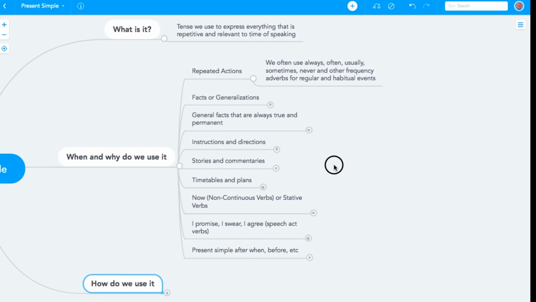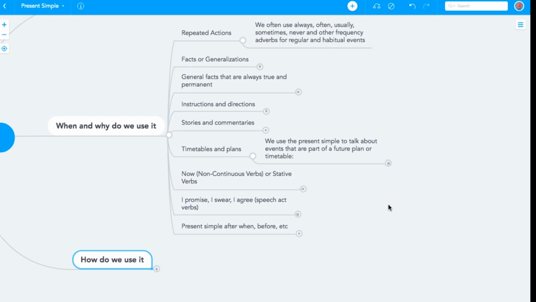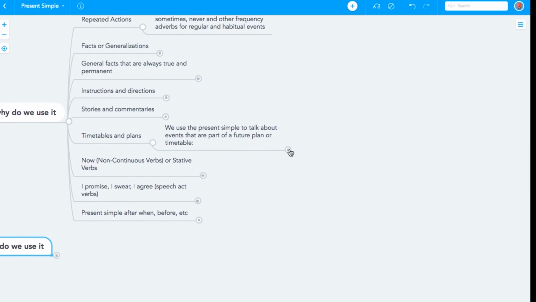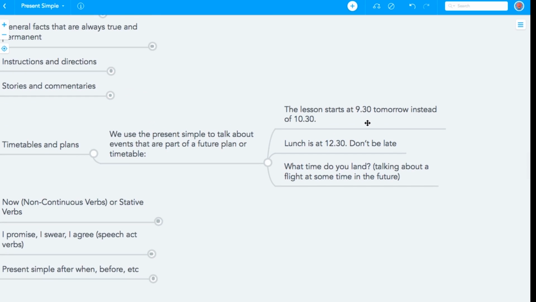The next one, guys, simple present can also be used to express future, but not all the aspects of future, only timetables or schedules. Here, let me show you an example, guys. Remember, the focus here is that something is going to happen in the future, and we are placing emphasis on the time.